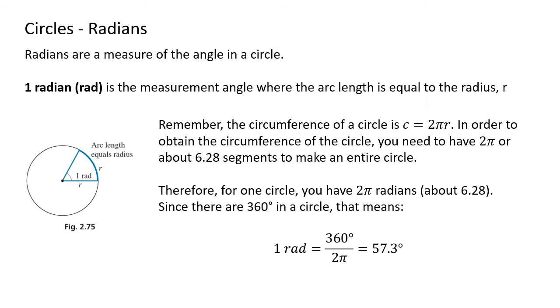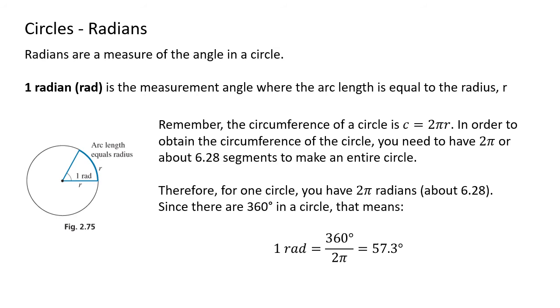When you start to use those buttons on your calculator, if it's in degrees, then the measure of the angle you would input in there would be degrees. So 45 degrees, 90 degrees, 135 degrees, etc. If it's in radians, you would actually input the number of radians it is. So 1 radian is actually the angle where your arc length is equal to your radius.